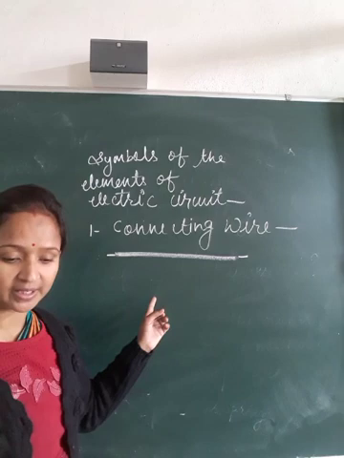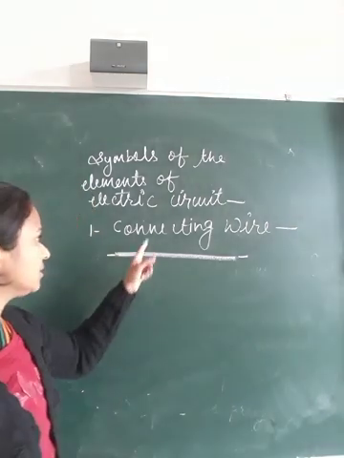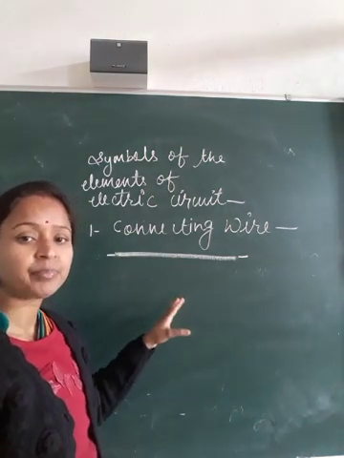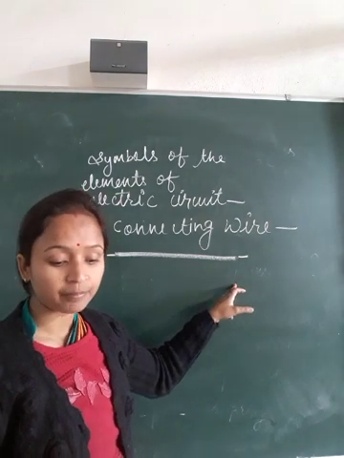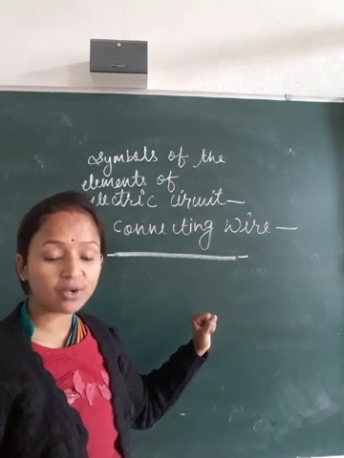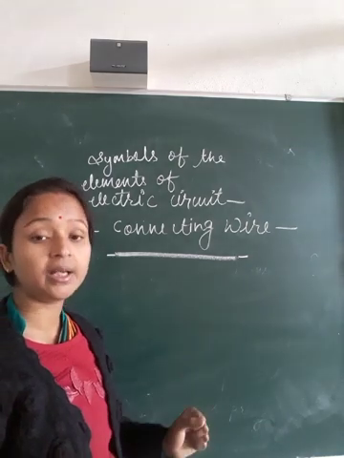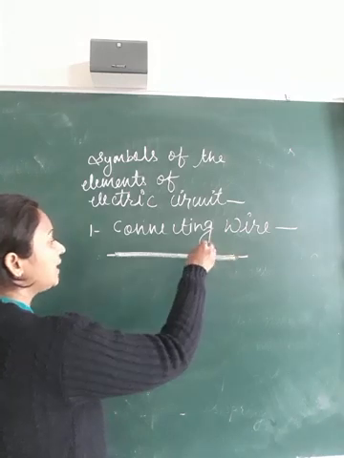The connecting wire is represented by a straight line, and it is usually made of copper, with an outer covering provided with an insulator.